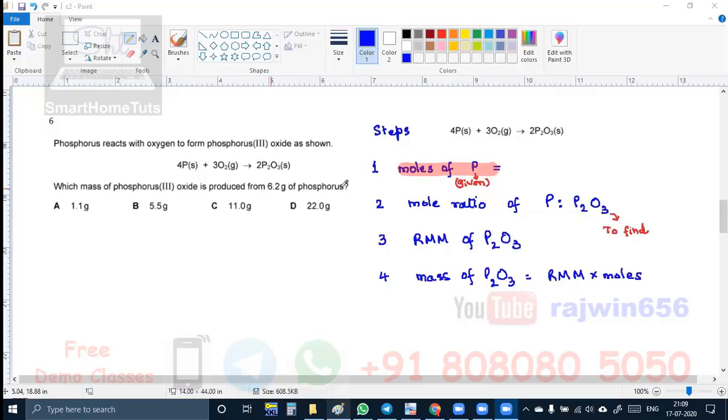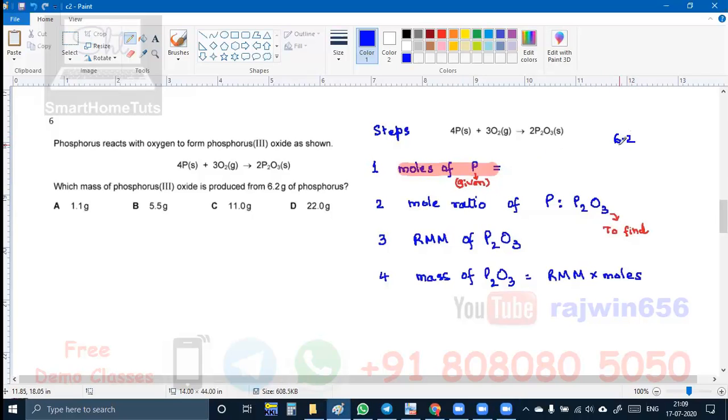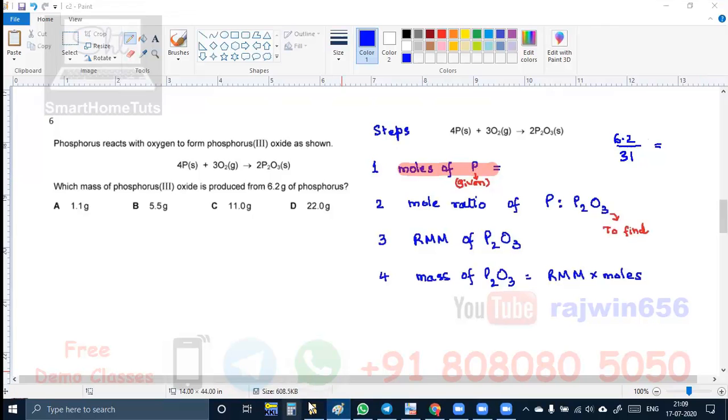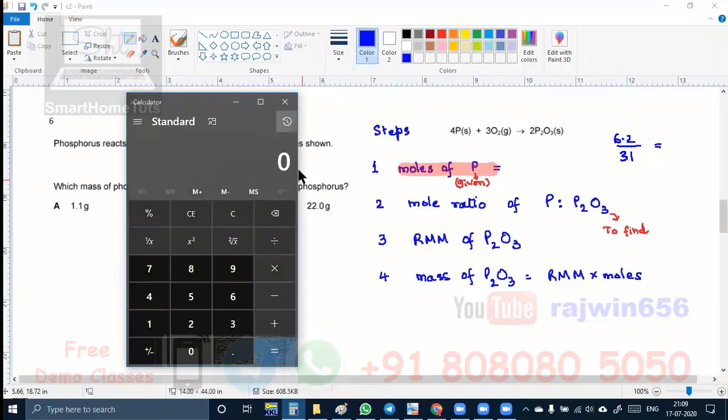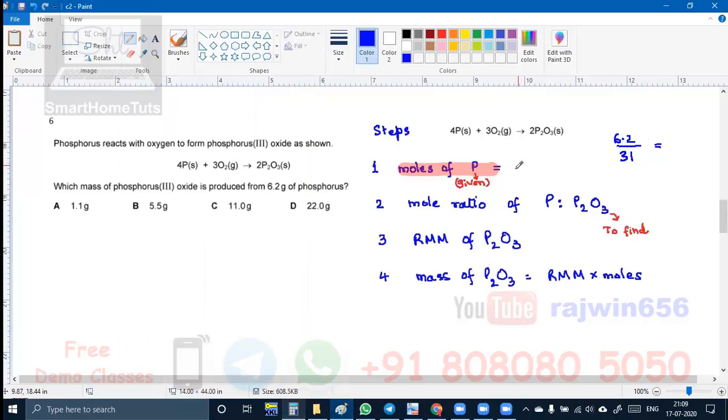Correct. The mass of phosphorus is 6.2, divided by the atomic mass of phosphorus from the periodic table. If I divide this, what is the value I'm going to get? 6.2 divided by 31 is 0.2 moles.